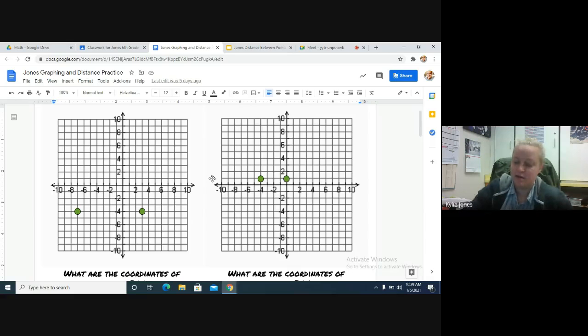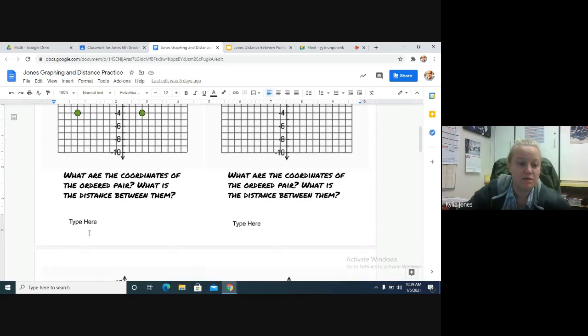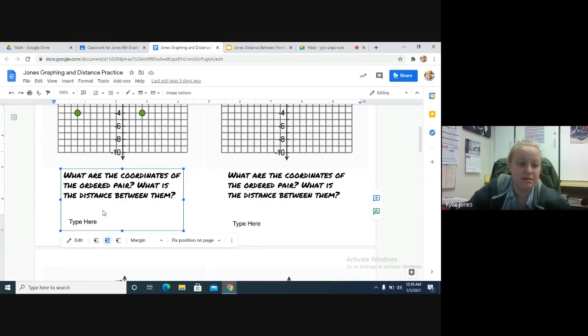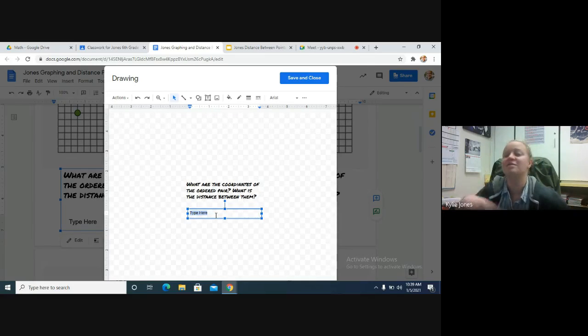Okay, so what I noticed about this document is that when you go to type on it, it opens up a drawing. So we have to type in the drawing. We can't type on the actual document, but there is a text box inside the drawing to type into.